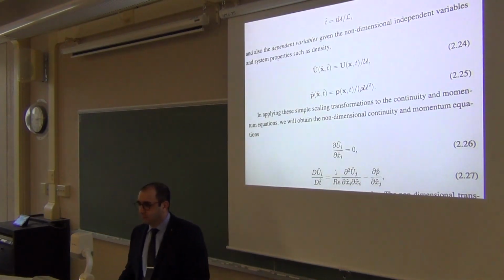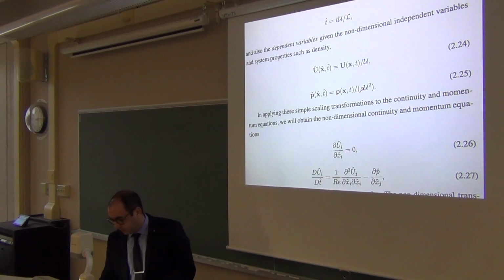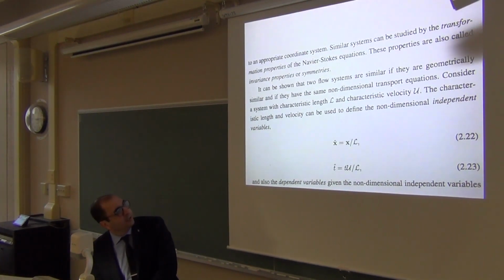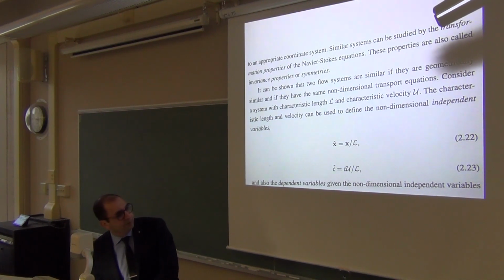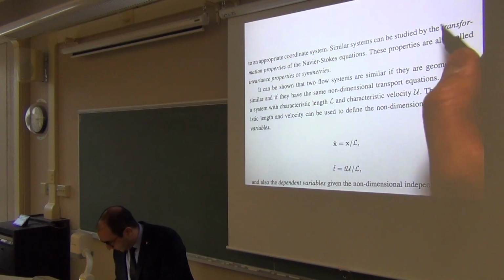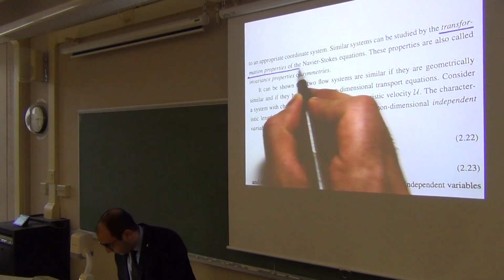If two systems are similar, their transport equations must look the same, which means the Navier-Stokes equation for flow, momentum, let's say in the full scale, must be the same as the transport equation in the small scale model. So this is called the transformation properties of Navier-Stokes equations.